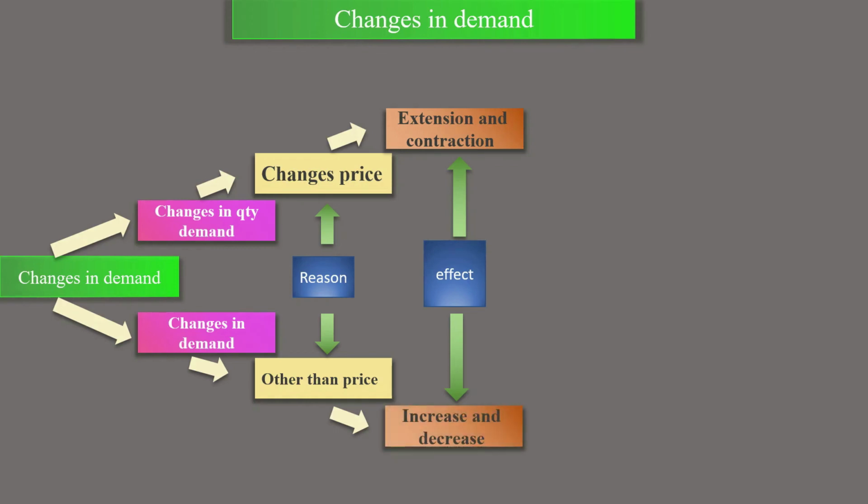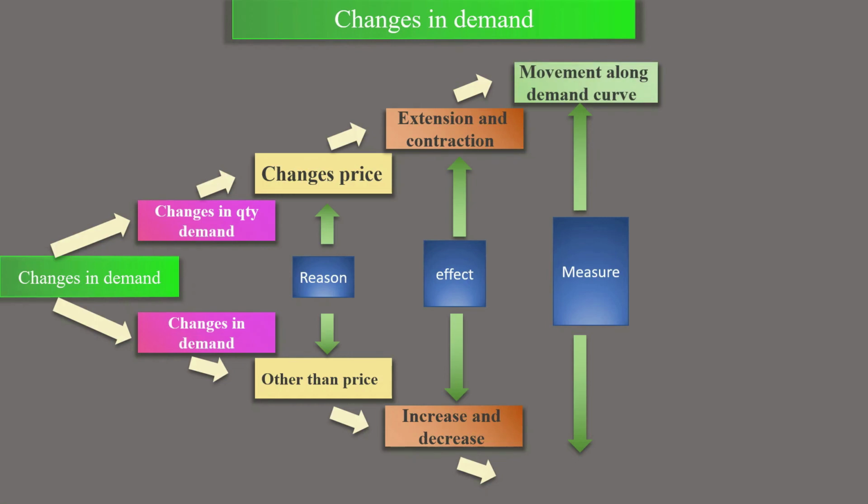Changes in demand that occur because of factors other than the price have the effect of an increase or decrease in demand. How do we measure these changes? A change in quantity demanded is a movement along the same demand curve, and the other one is a shifting demand curve.